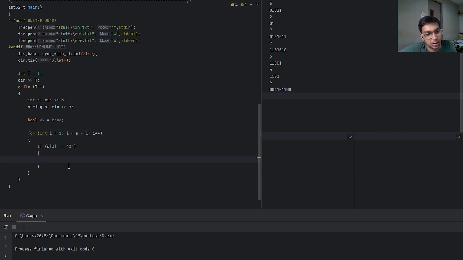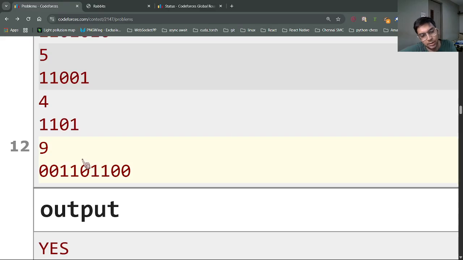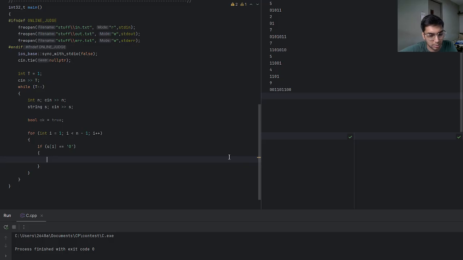So now, in this case, if the previous one or the next one is also a 0, then we don't care. If s[i-1] is a 0, or the next one is a 0, we don't care.